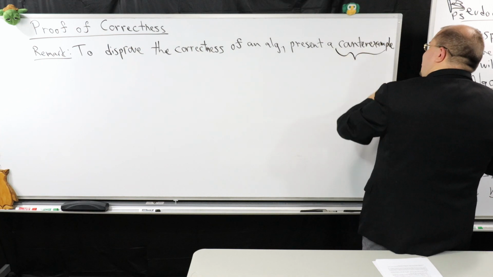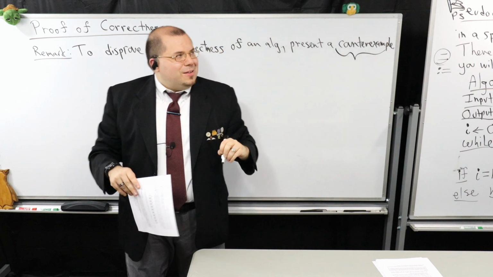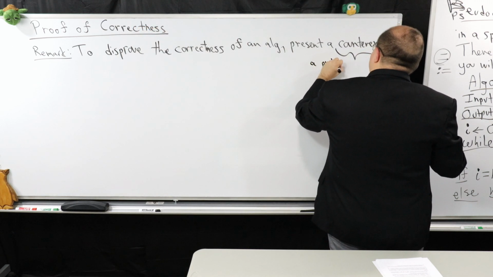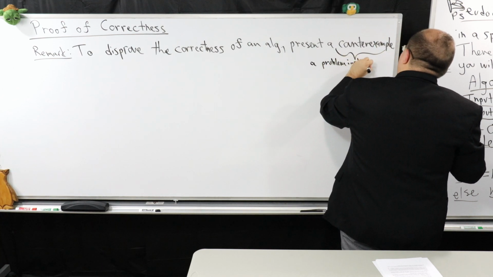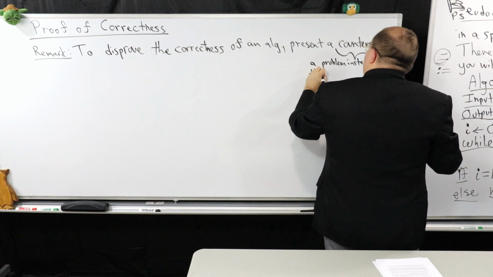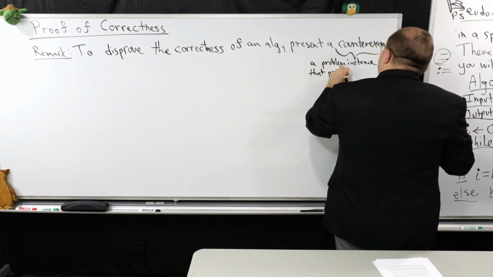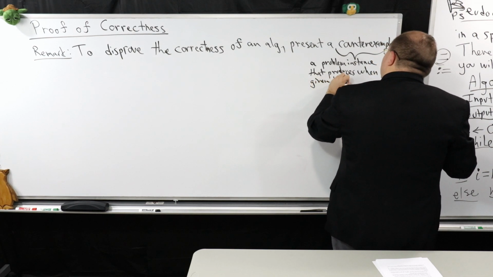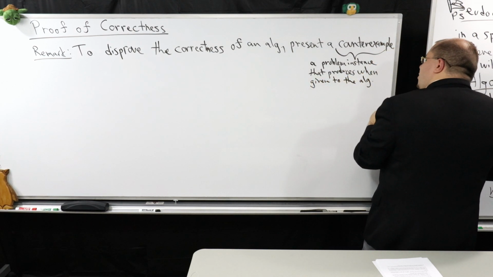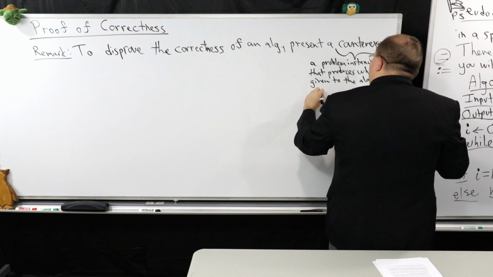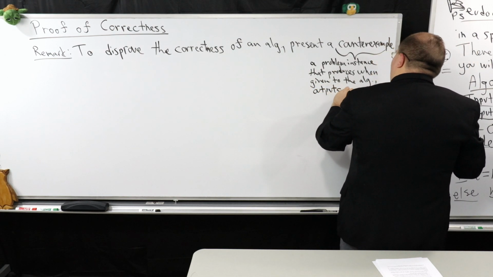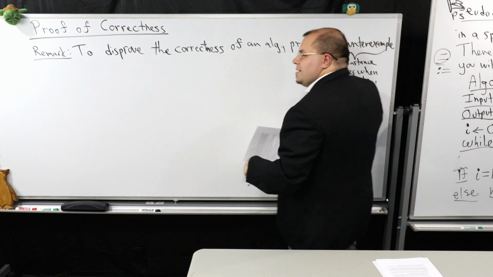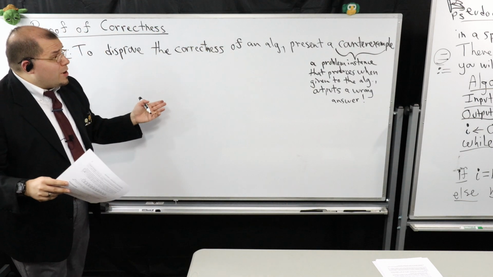Just to clarify, a counterexample would simply be a problem instance that, when given to the algorithm, outputs a wrong answer. So all you do is find one counterexample.